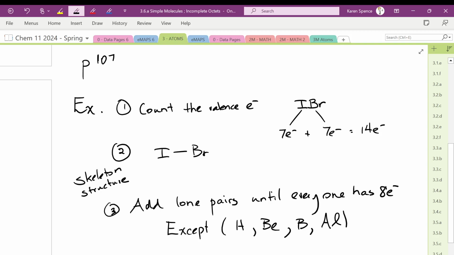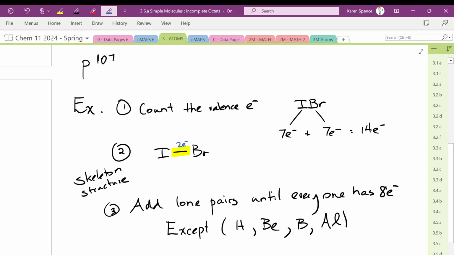How many electrons does iodine have right now? Remember, a bond is how many electrons? 2 electrons. So how many electrons does iodine have? How many does it have right now? 2. It has 2 because it's got a bond.